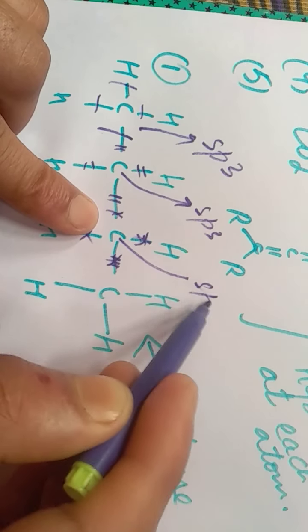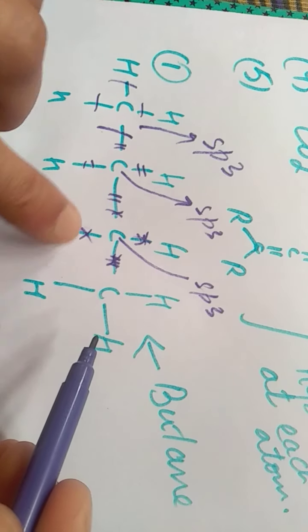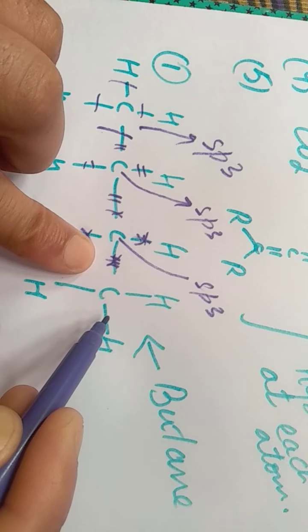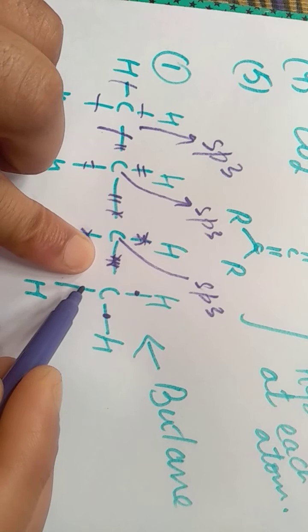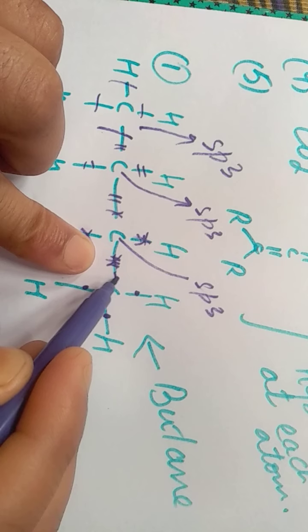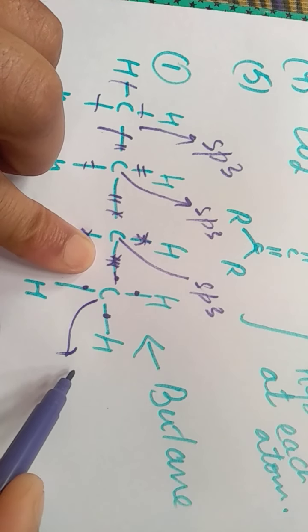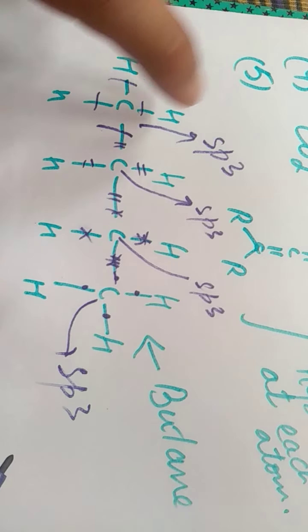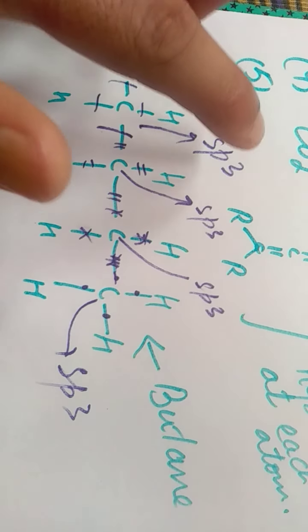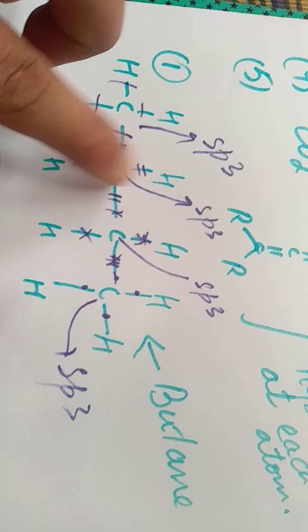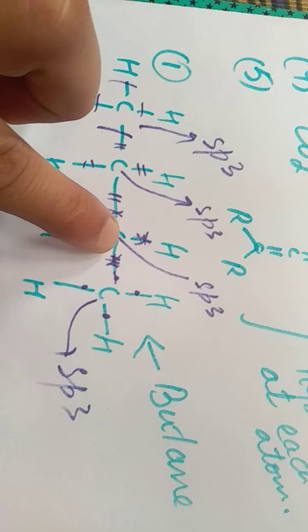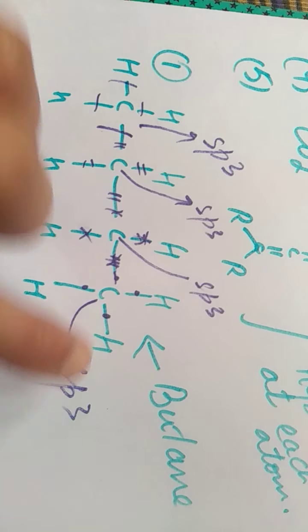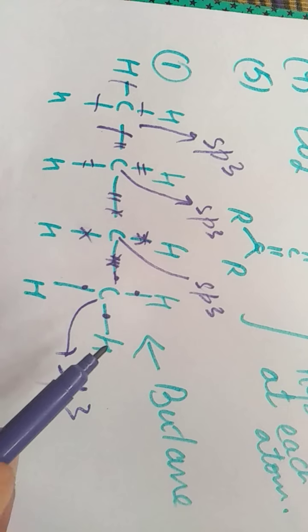So sp3 hybridization at the last carbon atom too: 1, 2, 3 and 4, 4 sigma bonds, so sp3 hybridization, right? So every carbon with 4 sigma bonds is sp3 hybridized.